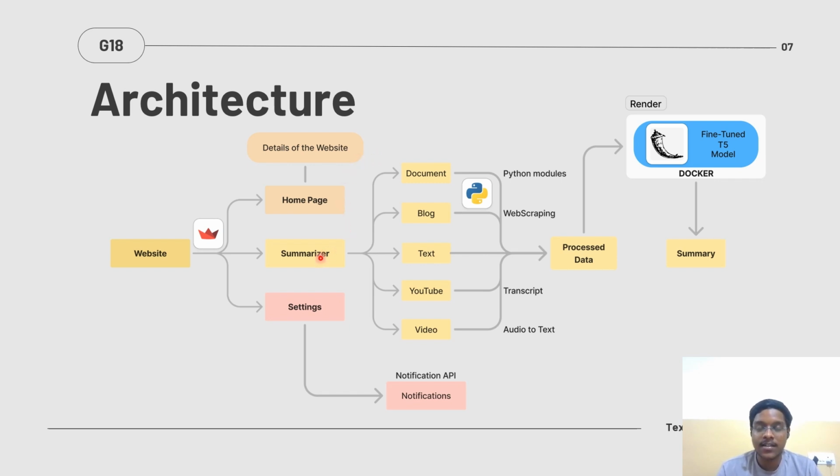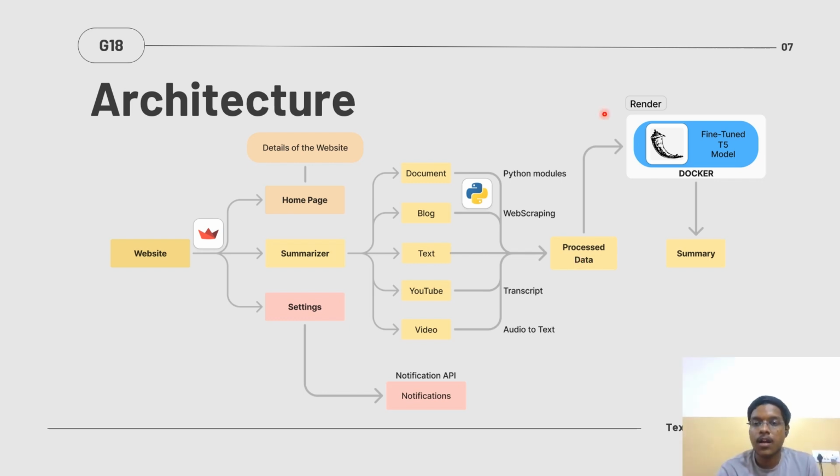Coming to the next, the main page, summarizer, it contains the details and the type of input that it accepts from the user. And the Python modules, web scraping, the transcript, and the audio to text are the things that we do in the background to get the processed data from the user input. This processed data needs to be sent to the model to summarize.